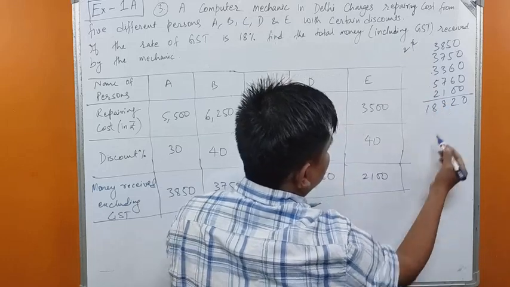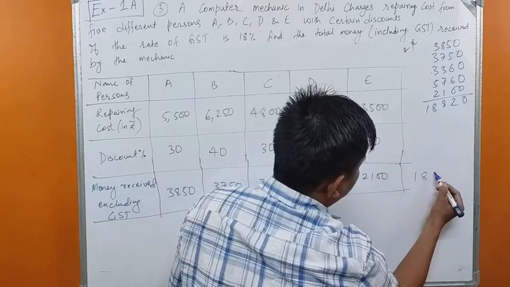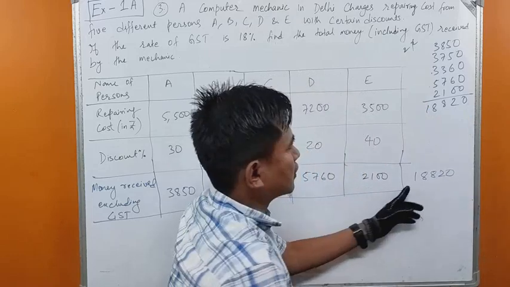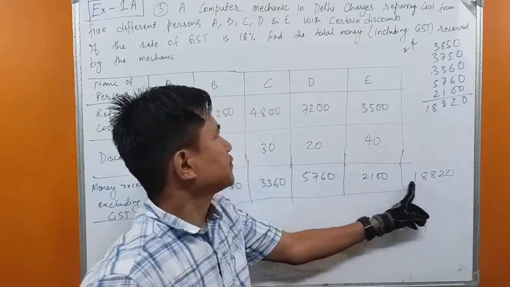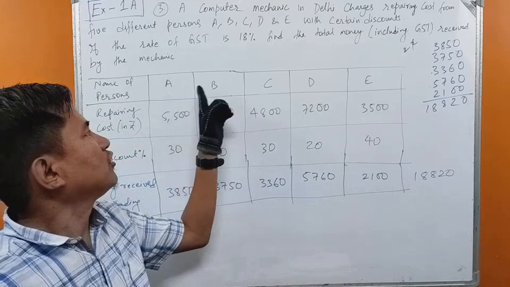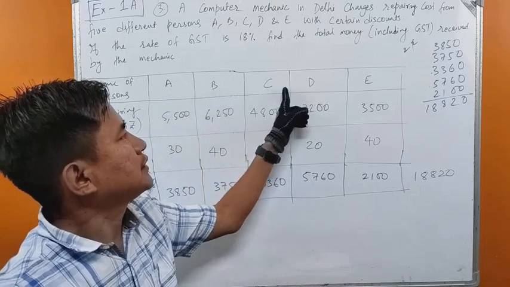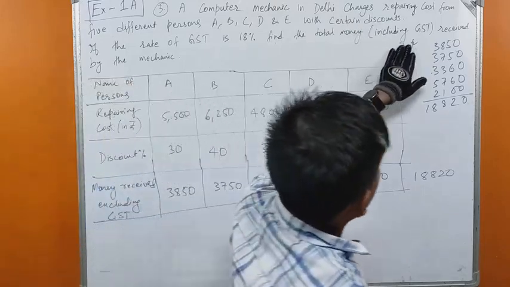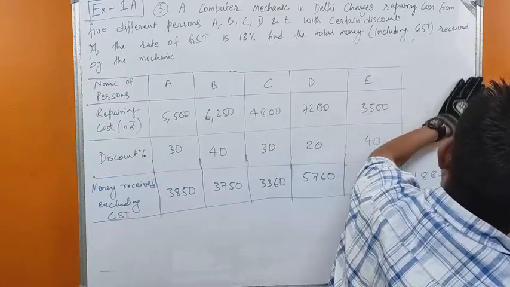So 18820. This is the total amount of money received by the computer mechanic from all the 5 persons A, B, C, D and E, okay, excluding GST.